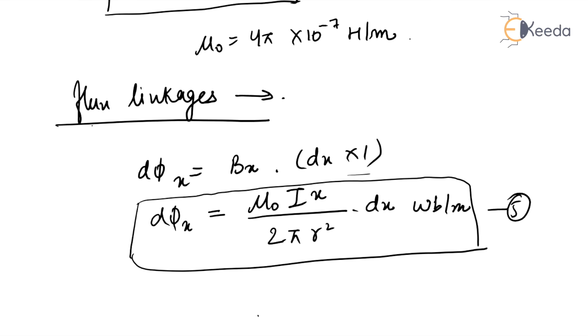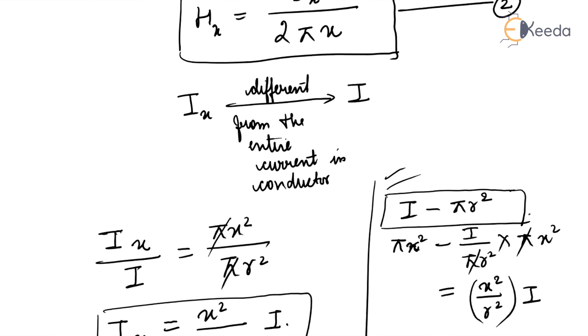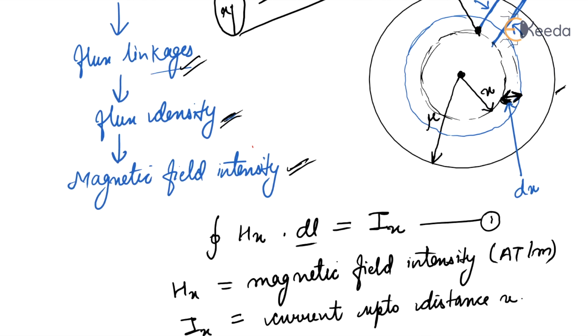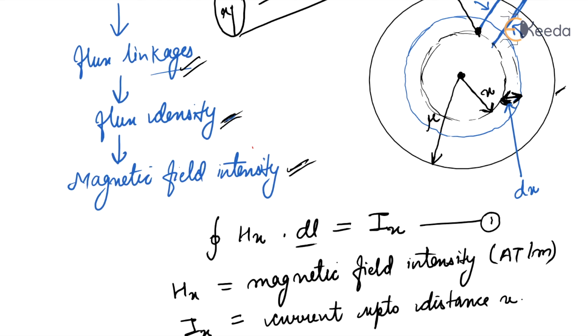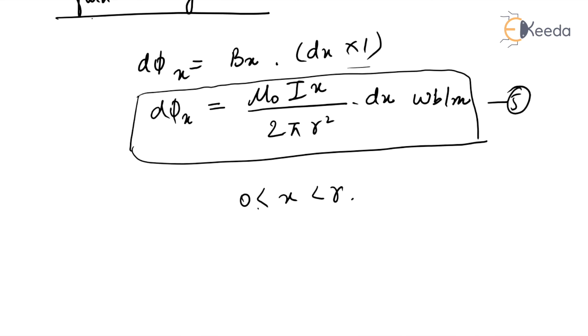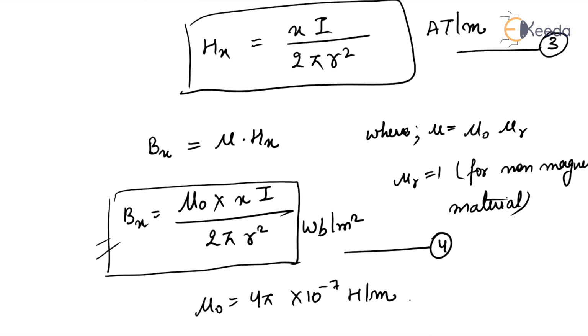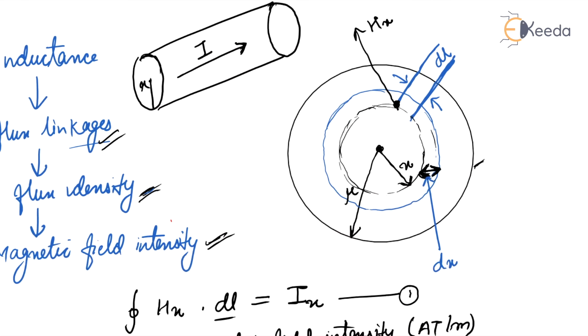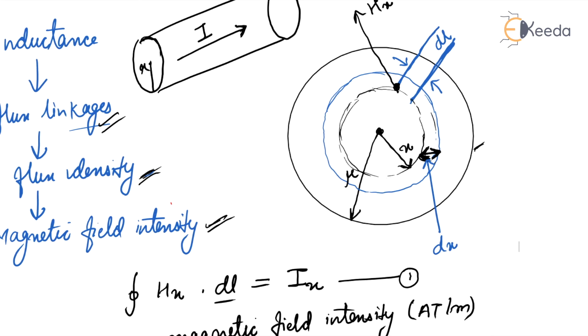So we know that the flux linkage which we want is at x, where 0 is less than x is less than r. See, total current I, this whole conductor current I, this flux links with just a part of I, which is the flux linkage we want at distance x.